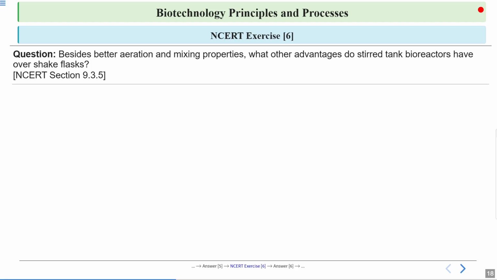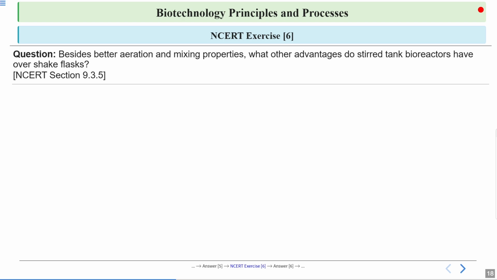Next question. Besides better aeration and mixing properties, what other advantages does the stirred tank bioreactor have over the shake flask? So there are two different methods, right?